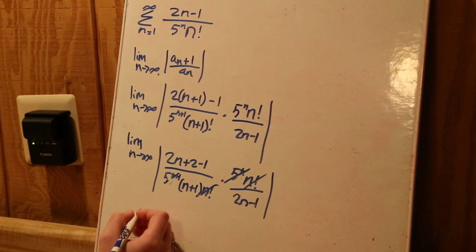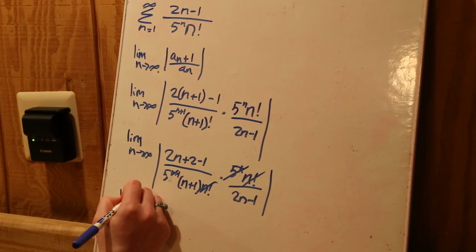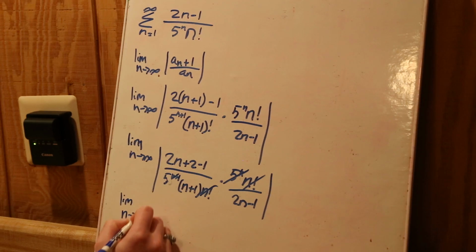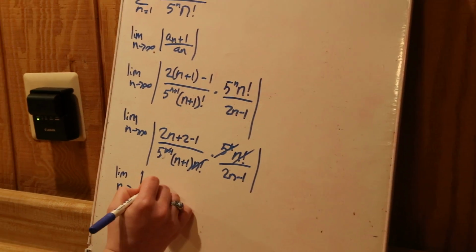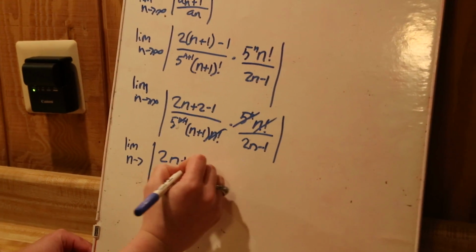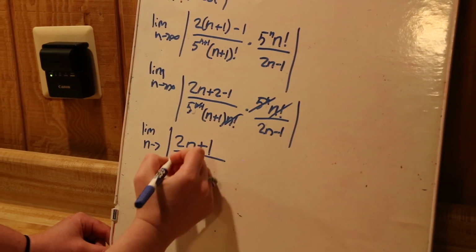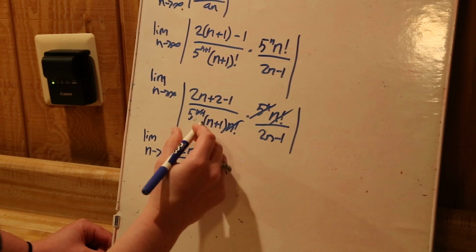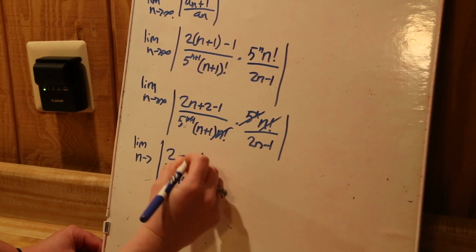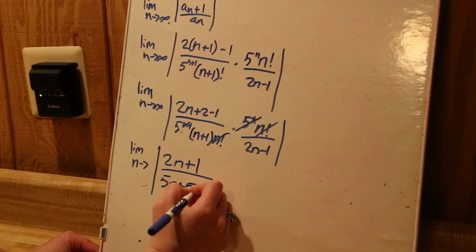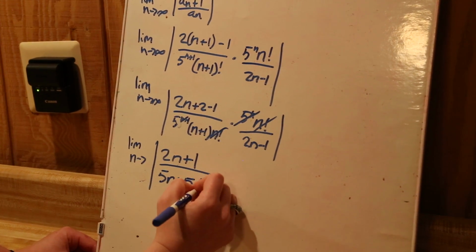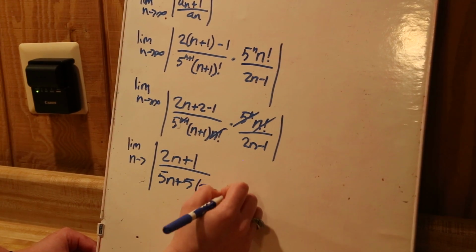Now we just combine like terms, so we get the limit as n approaches infinity of the absolute value, we get (2n + 1) all over 5(n + 1) times (2n − 1).